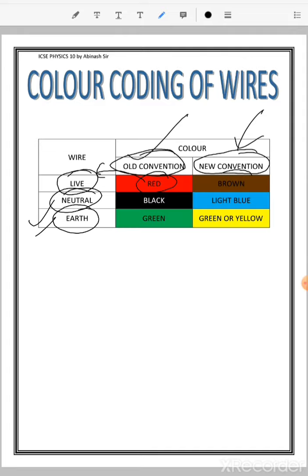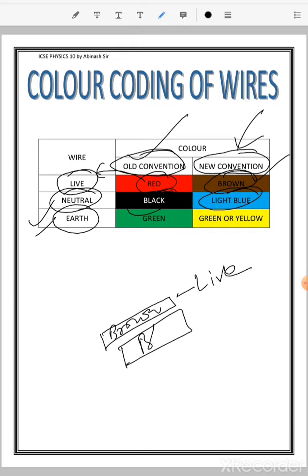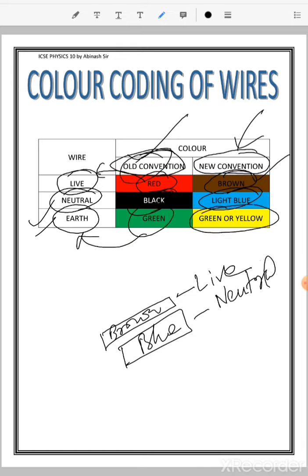But nowadays we use brown color. So if you have a wire whose insulation is brown in color, that means it is a live wire. Understand? Now for the neutral, we use black in the old convention, and in the new convention we use blue. And green was for the earth in the old convention, but now we use either green or yellow insulation on the wire to denote the earth wire.